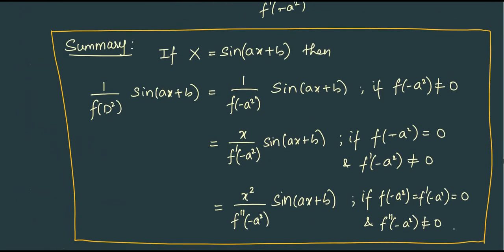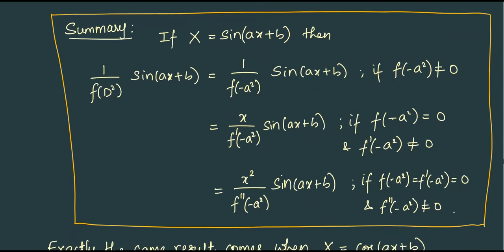We will show, and this is the solution for both sine ax plus b and cos ax plus b. 1 by f of D square sine ax plus b is 1 by f of minus a square, D square is replaced by minus a square. So if f of minus a square is not equal to 0, fine. Again, if f of minus a square is equal to 0 and its derivative is not equal to 0, then we get x upon f dash minus a square.